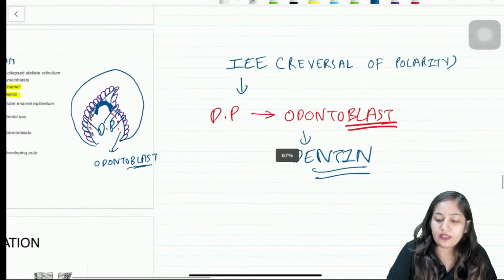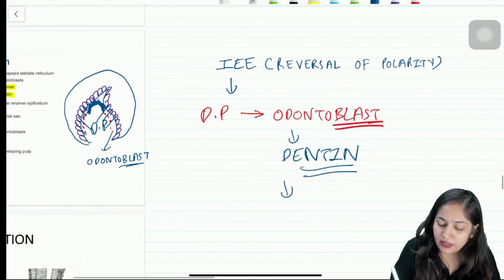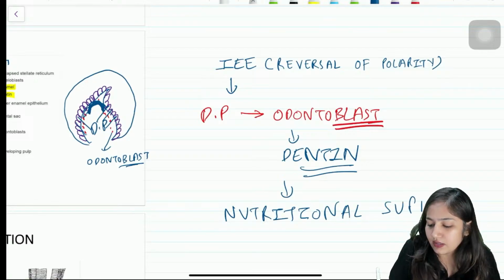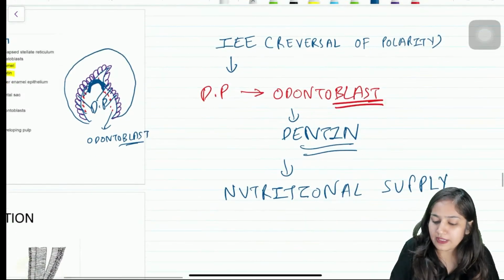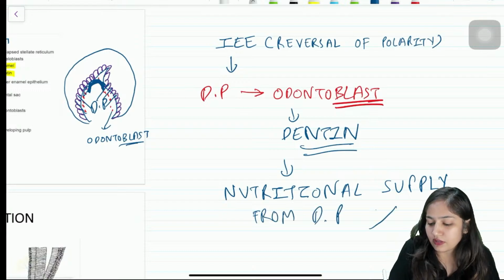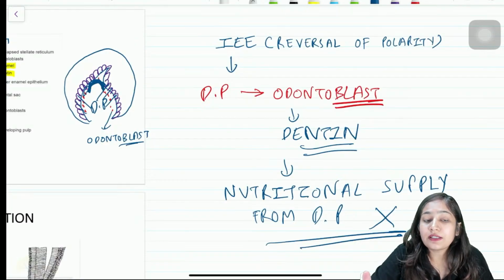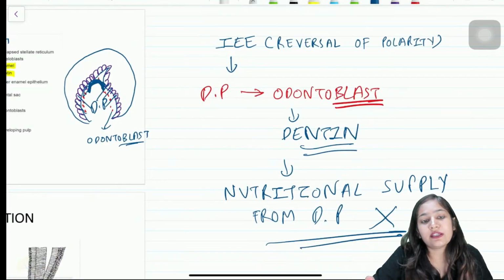So once dentin is formed, nutritional supply from dental papilla will be cut off. So now, from where will the inner enamel epithelial cells get nourishment?